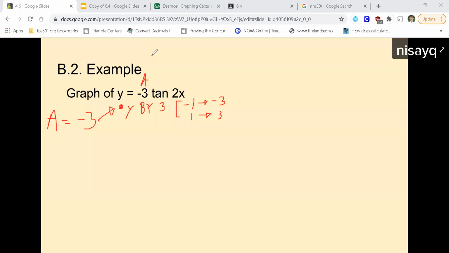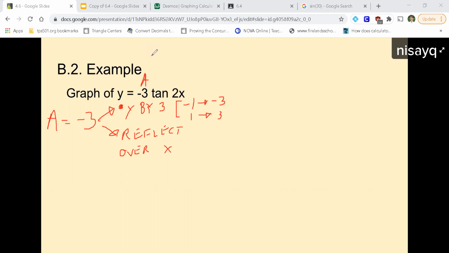The second thing our A value tells us is that because it's negative, we're going to reflect our graph over the x-axis. But again, that's not going to have as big of an impact as it did for sine and cosine, because an asymptote flipped over the x-axis is still an asymptote. 0 flipped over the x-axis is still 0.